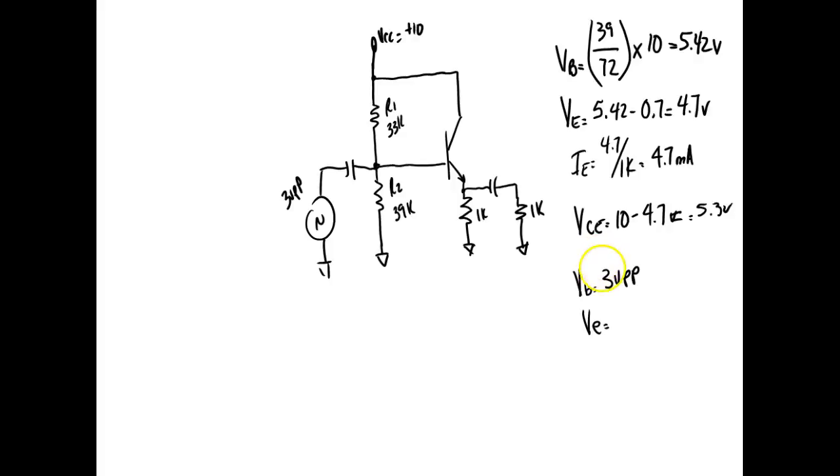By the way, normally when they use lowercase letters like this, they're indicating AC parameters. When they use uppercase letters, it's what? DC on the subscripts. So what would VE be, guys?